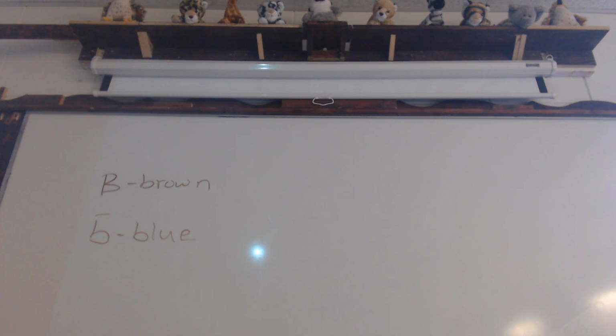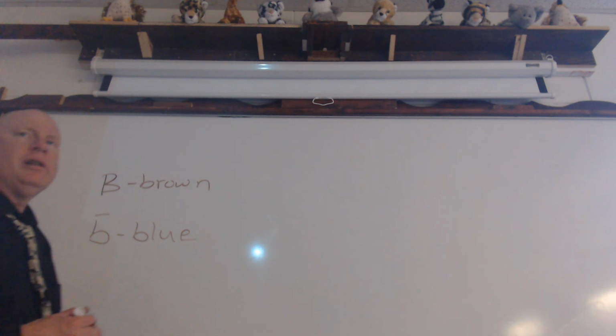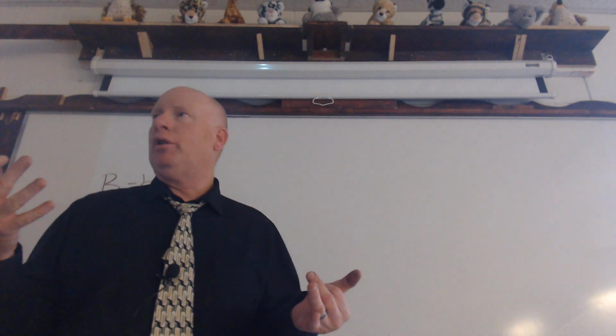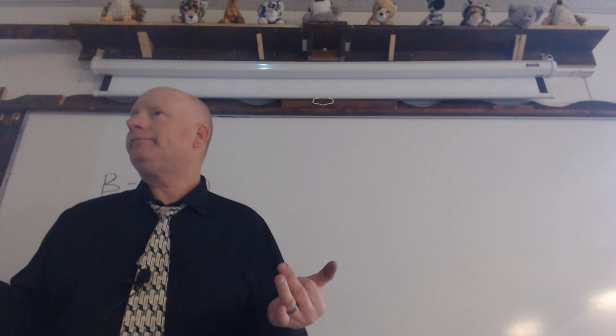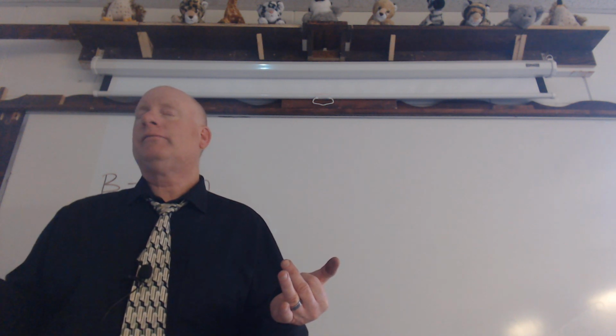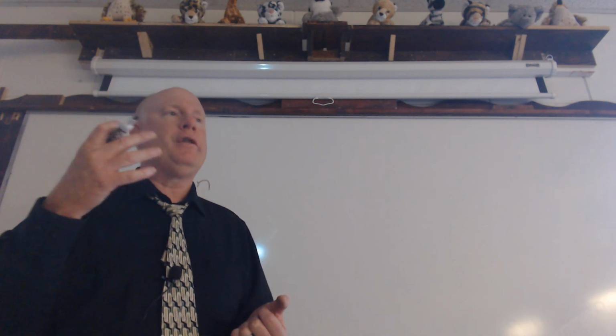Make one of those tables. It's called a Punnett square. You're right. Chances are that if both of your parents have brown eyes, then the offspring will too.